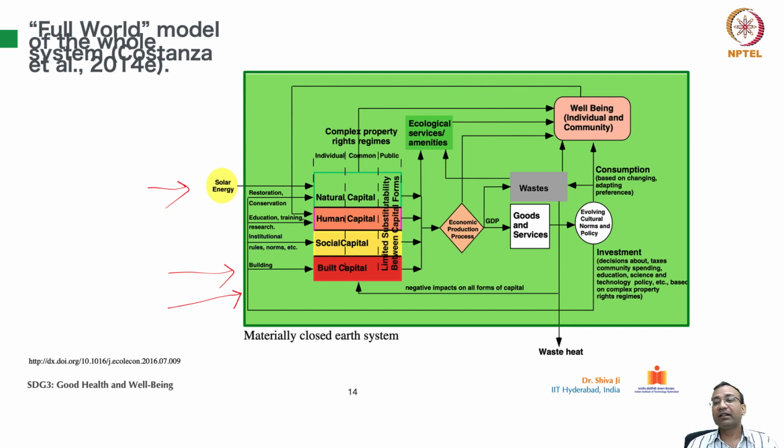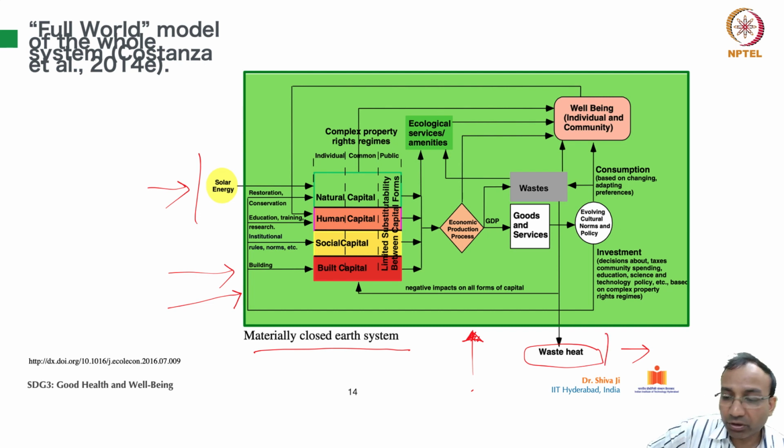I think the whole life is sustained by our sun. Okay, and inside this whole system what we emit out is the waste heat which goes to space, and the rest of the things are contained in this dark green system, what we call a materially closed earth system. So there is only one intake and one exit point. The rest of the things are contained under this boundary.